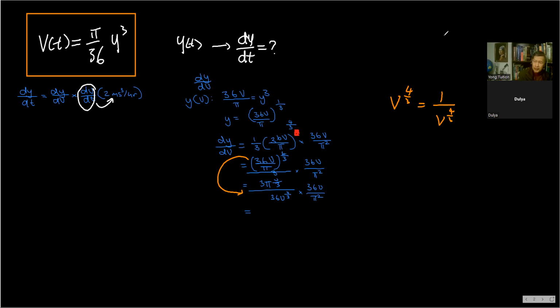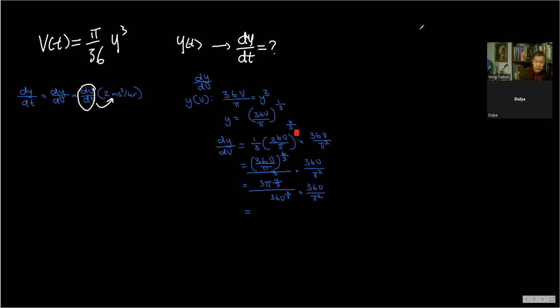Yeah, it will be the algebra. So V is still, where's V? This is V. This is V. How can V become the denominator?